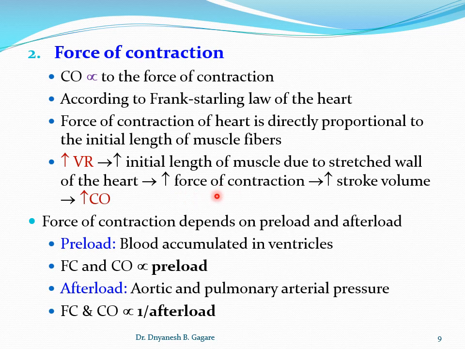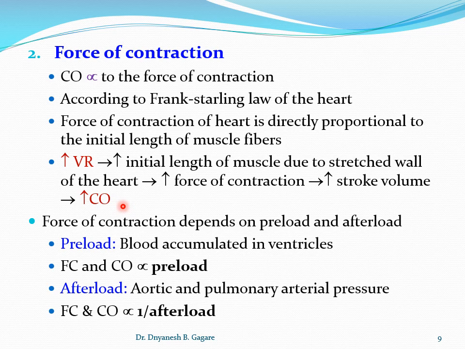We can say the heart contracts vigorously, and it leads to an increase in stroke volume. Stroke volume means the blood pumped for one contraction, one stroke. This stroke volume increases, and there is an increase in cardiac output. So like this: increase in venous return, increase in force of contraction, and increase in cardiac output.